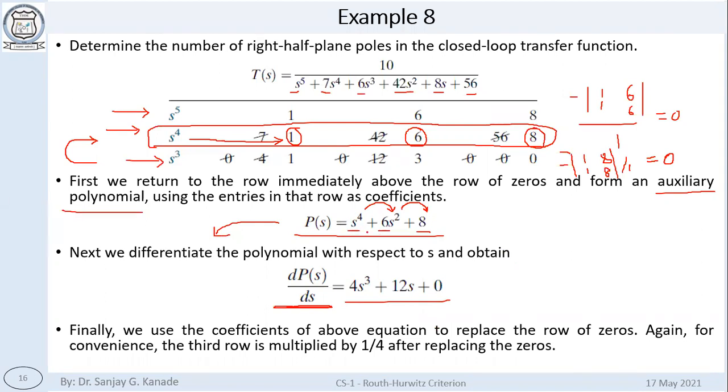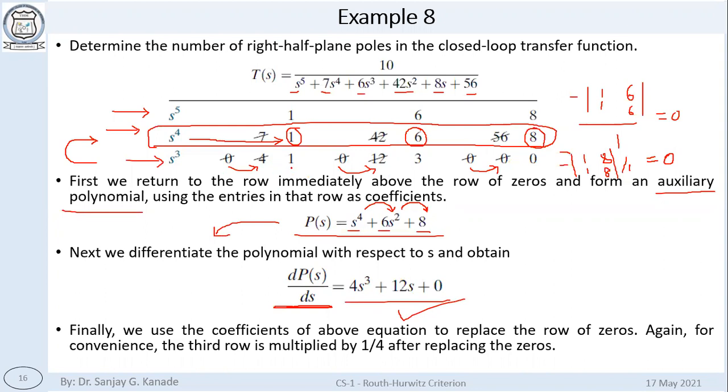So what is the derivative of this? 4s cubed plus 12s plus 0, right? So we got this. Now you can see we have got an s cubed polynomial. So we replace the zeros here with the coefficients that we just obtained: 4, 12, 0. Again, we can take out something common.